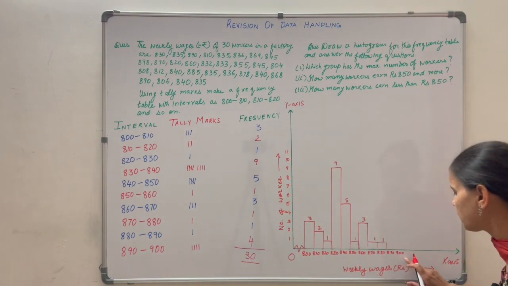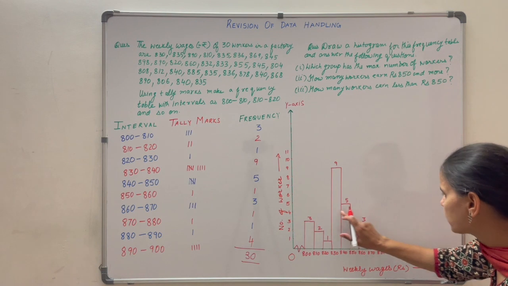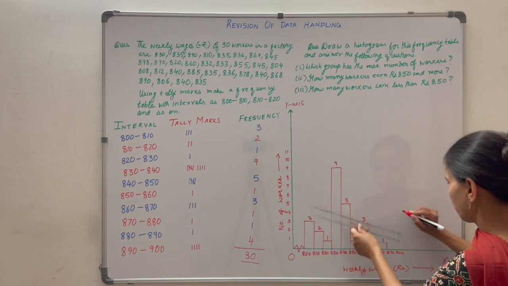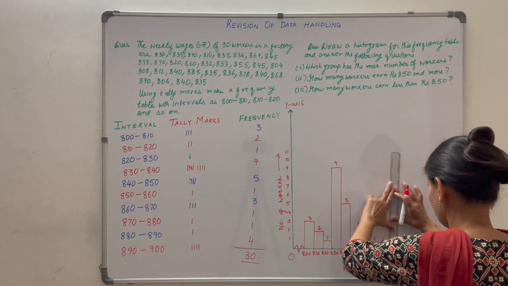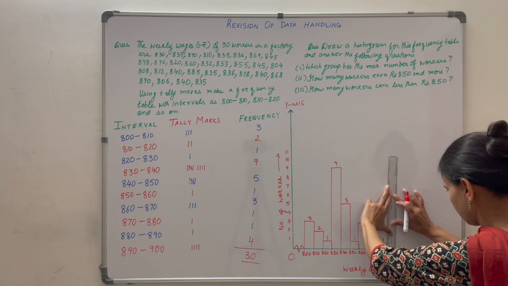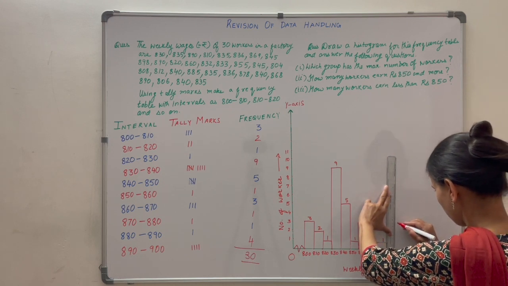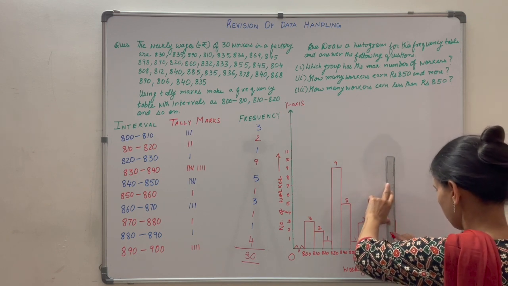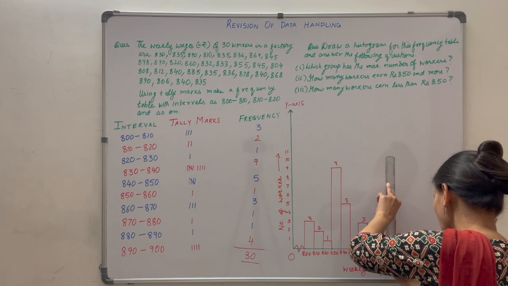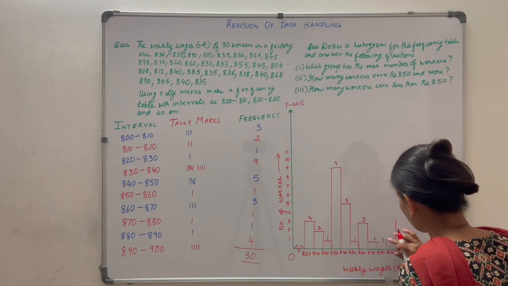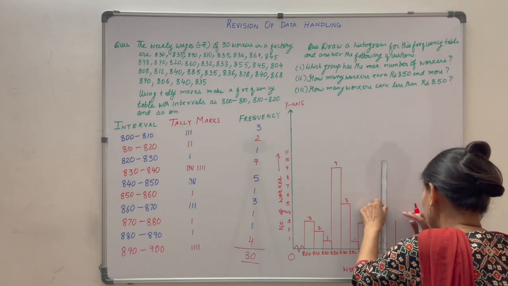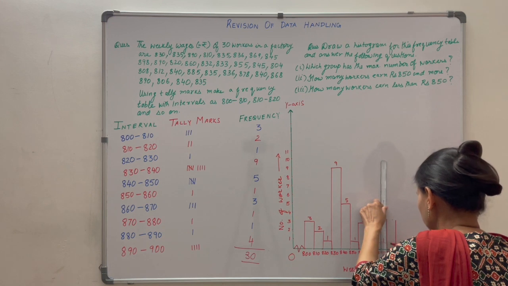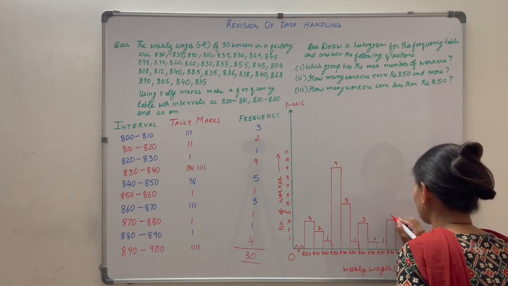890 to 900, it is 4. 4 is here. This is your 4.